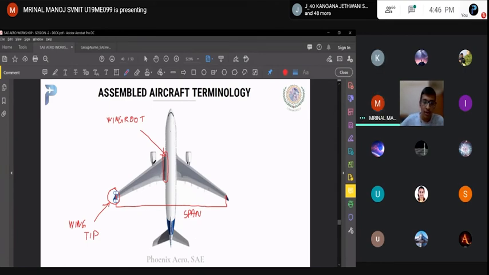Now where the air strikes the wing is called the leading edge of the wing, that is LE of the wing. And the back part is called the trailing edge of the wing. Now, these are some wing terminologies.